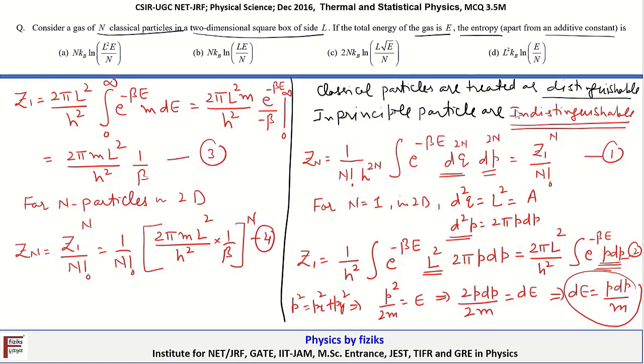Now from here we can easily determine the average energy per particle, because at the end we require this expression. So that's why we need to determine the average energy, and the average energy and the partition function are connected. The average energy per particle, okay, I'm writing this as E1, is equal to, if you want to determine it for the n particles, then you can directly use the partition function for the n particles together.